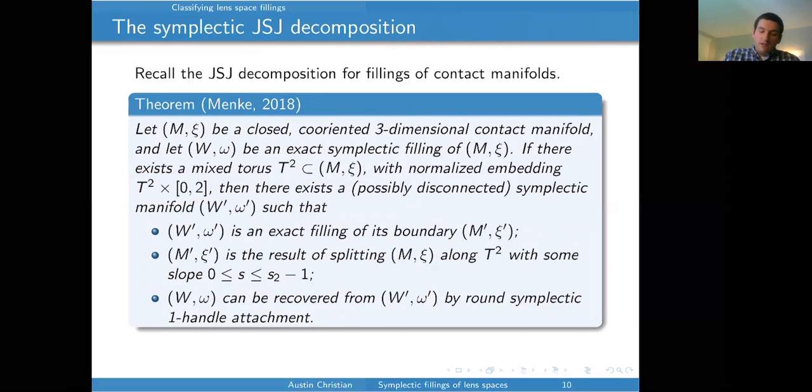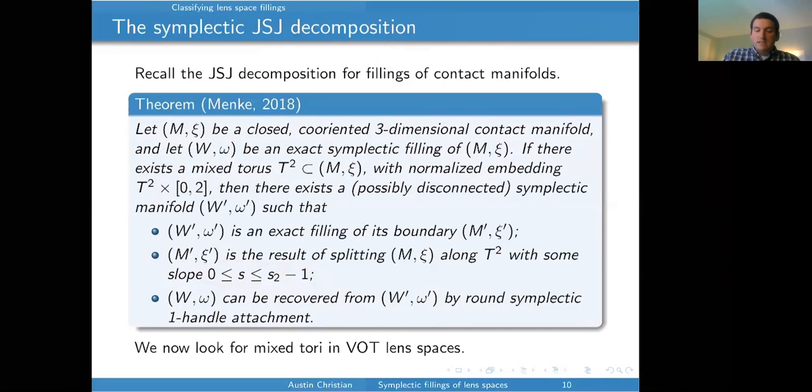And then we can split this open by removing a round 1 handle, and the result is a filling of some new contact manifold obtained from our original by splitting along T2 with some slope between 0 and s2 minus 1. Those are a lot of words. Hopefully some of them are familiar from last time, but the keys, of course, will be mixed torus, normalized embedding, and then we want to split with some slope.